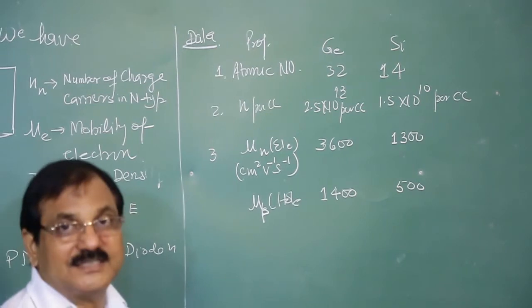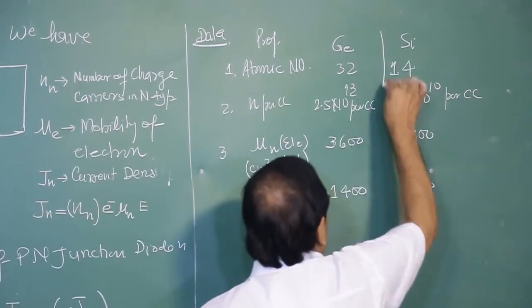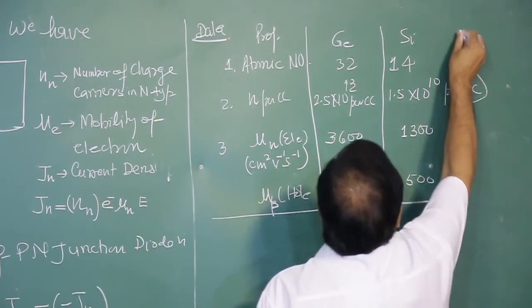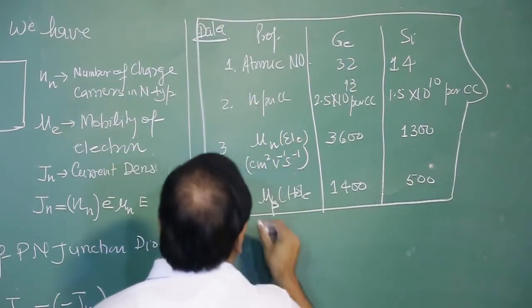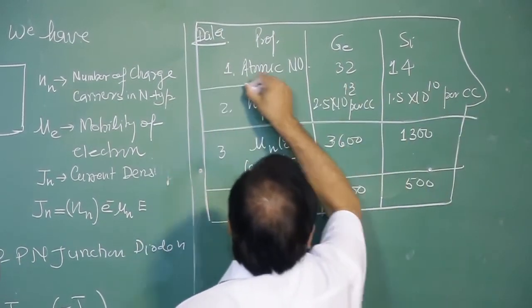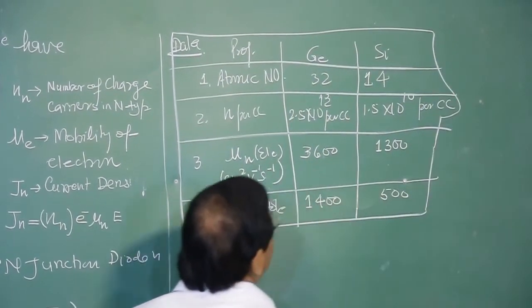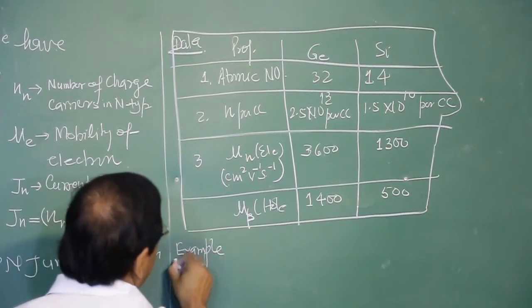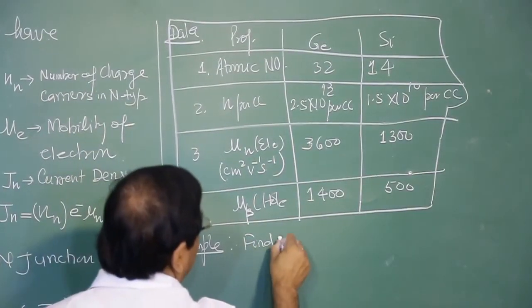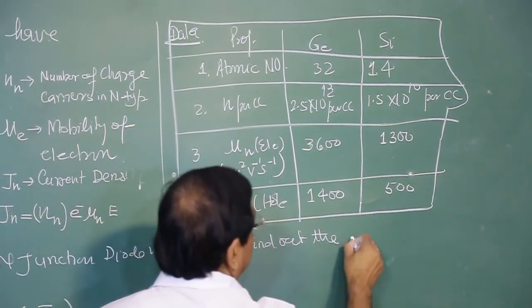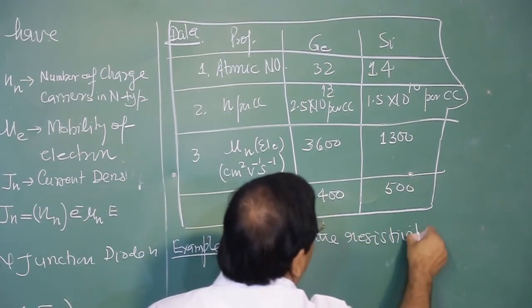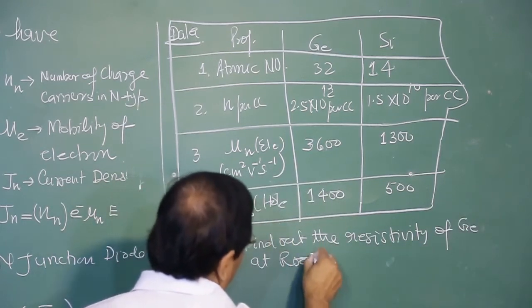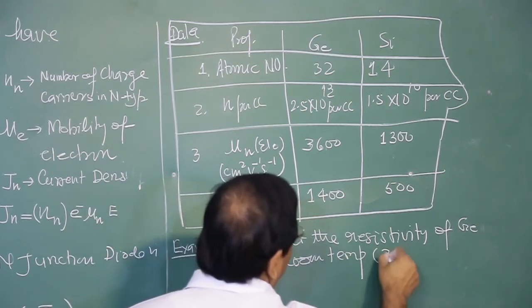So on the basis of this data set, if you calculate the numerical part, for example: find out the resistivity of germanium at room temperature, that is 300 Kelvin.